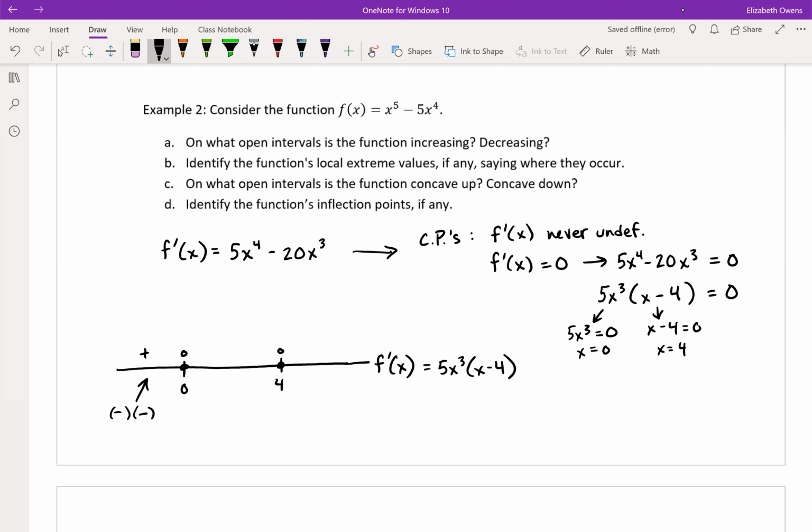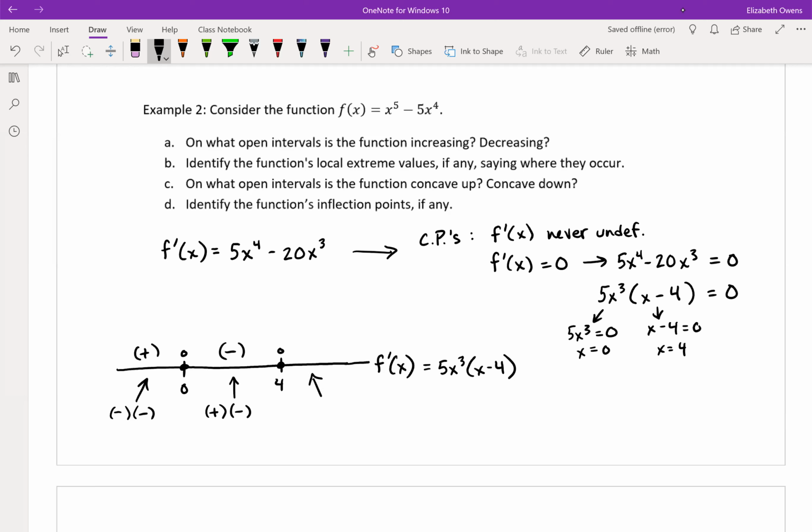Then pick some number in between 0 and 4, maybe 1 or 2, something like that. And your first factor, 5x cubed, will be positive, while the second one is going to be negative. Again, doesn't matter what number you picked. F prime of x overall should turn out to be negative in that interval.